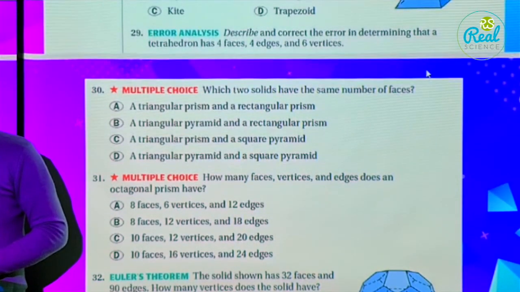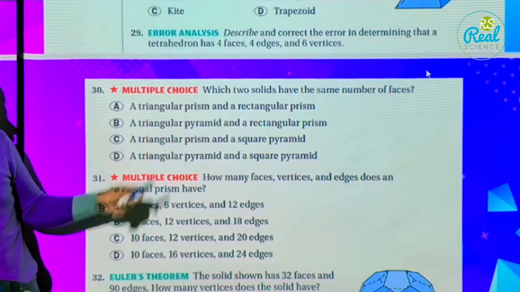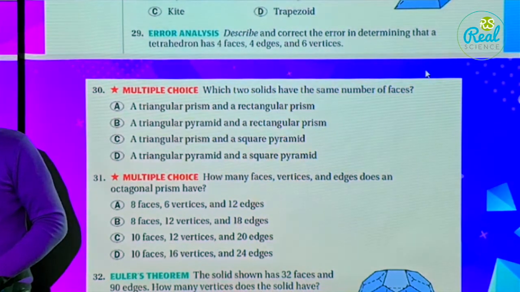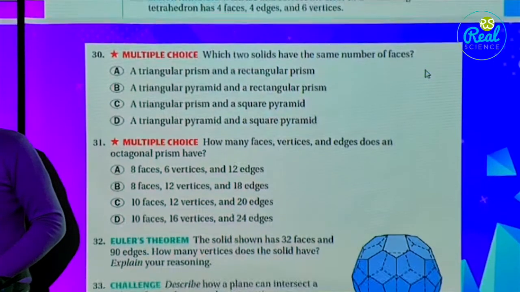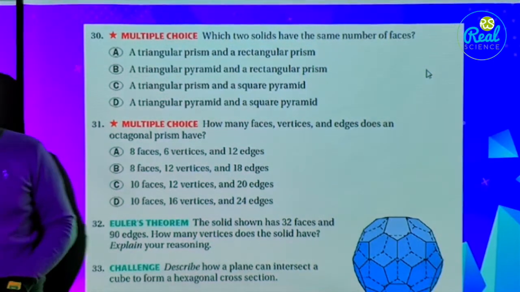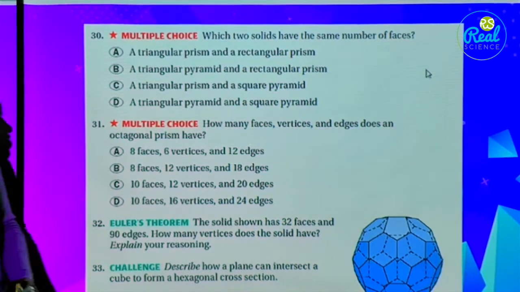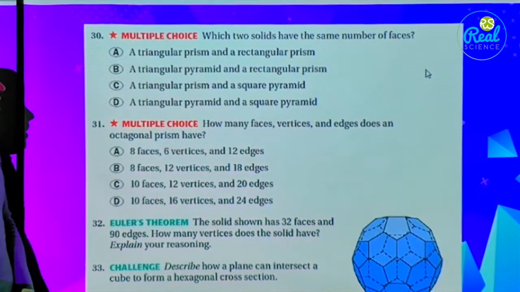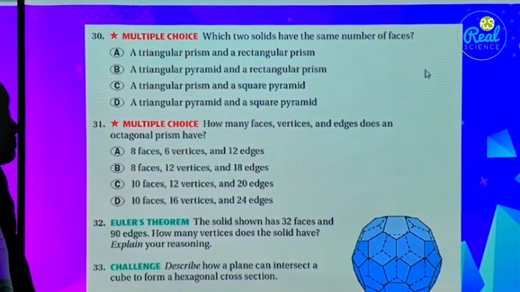Oh, multiple choice question. Okay. Which two solids have the same number of faces? A. Triangular prism and rectangular prism.